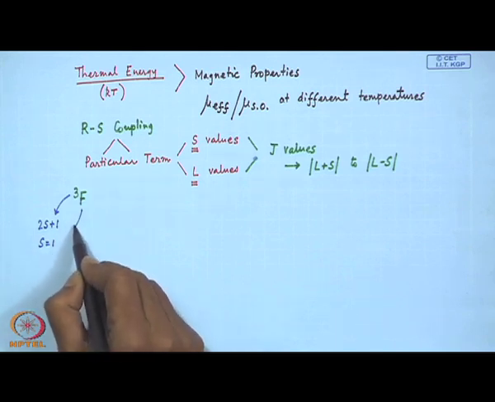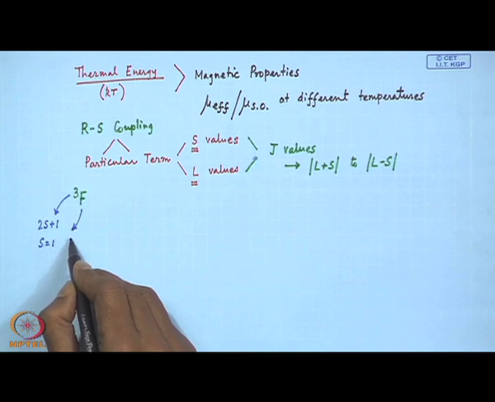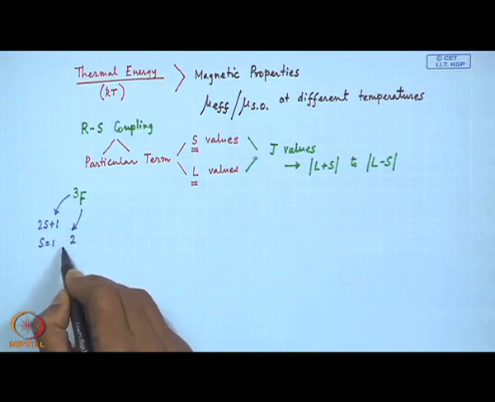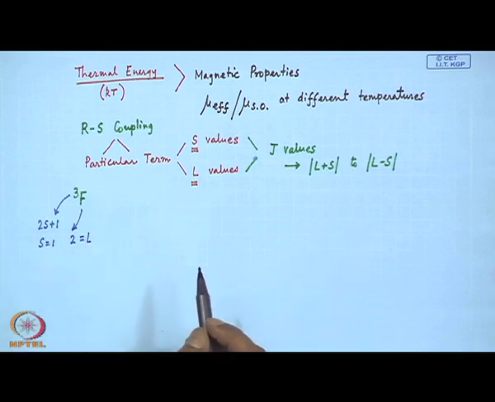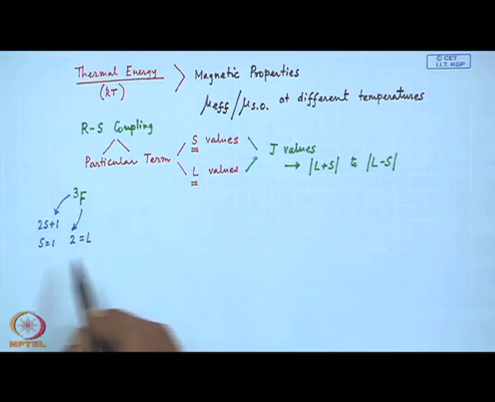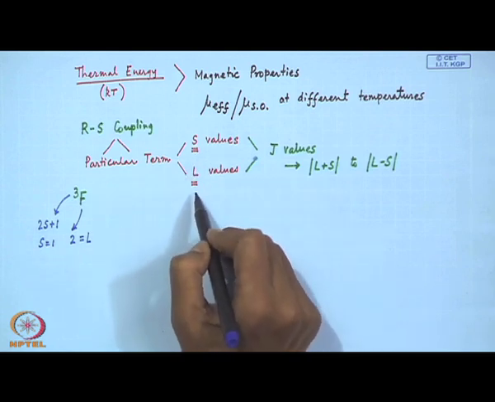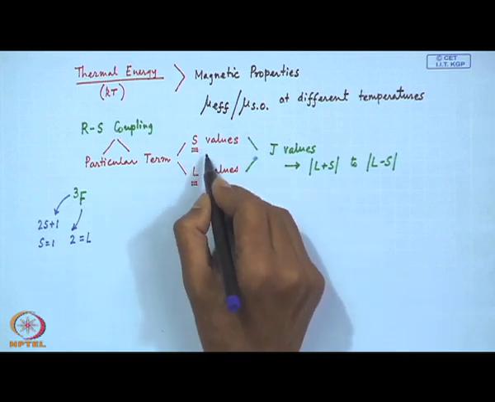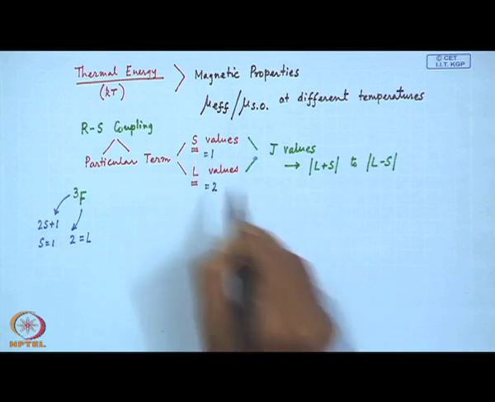And for F, we know that the corresponding L value, from S, P, D, F, that means 0, 1, 2, 3, is L equal to 3.